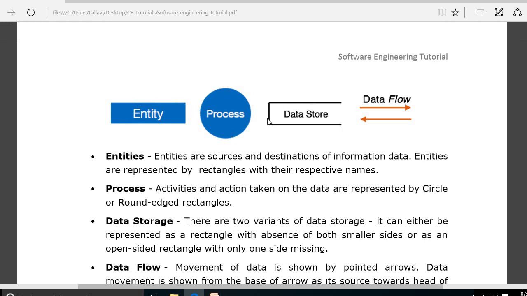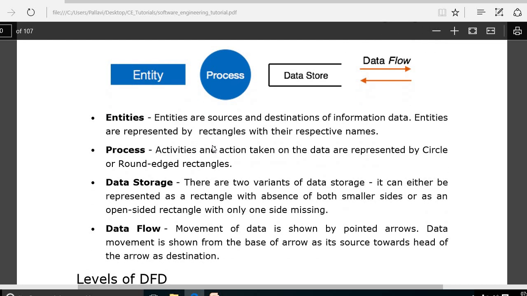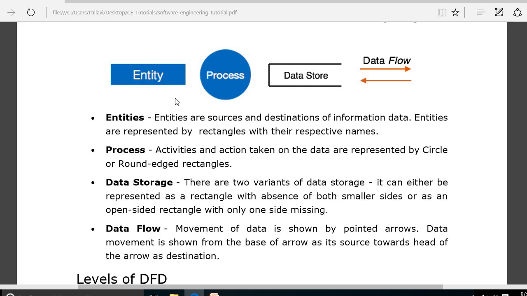Data storage is a one side open rectangle, and data flow is shown by arrows. If data flows in this way, it means flow from this to this, and this way from this to this. Entities are the source and destination of information data. Entities are represented by rectangles with their respective names. Next, process.